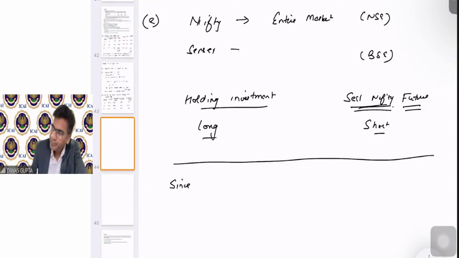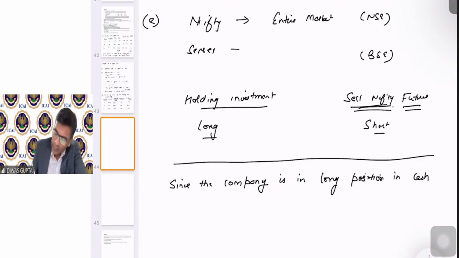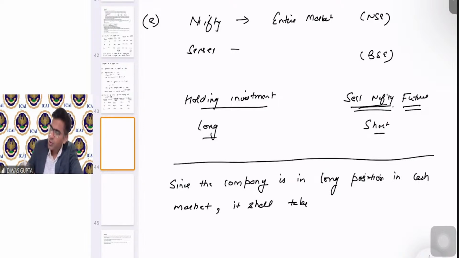Since the company is in long position in cash market, by cash market we mean whatever we have invested in the stocks, which is the spot market, it shall take short position.